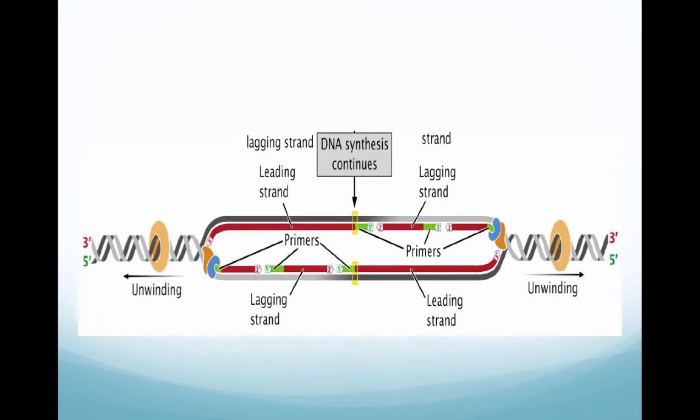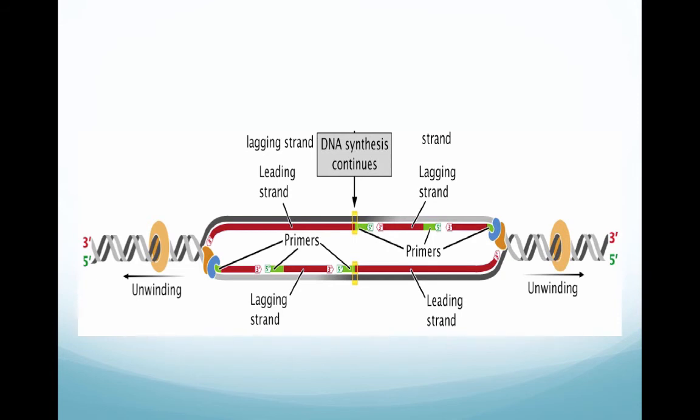All right, so just another look at it. And keep in mind as we talk about the direction of replication, we had the leading strand and the lagging strands. So we can get continuous replication occurring on the leading strand, but eventually we're going to have to stop and create another lagging strand because those replication bubbles are going to get bigger and bigger and bigger as we synthesize more of the genome.